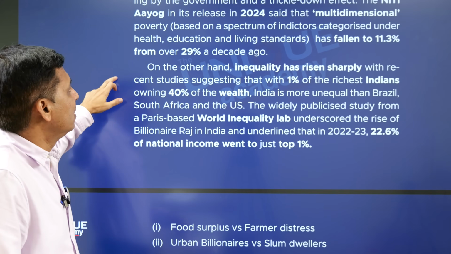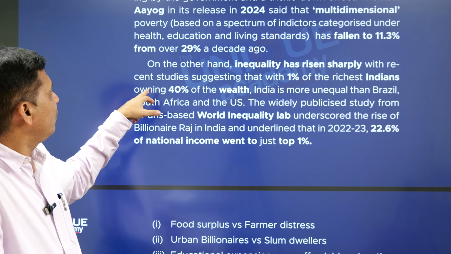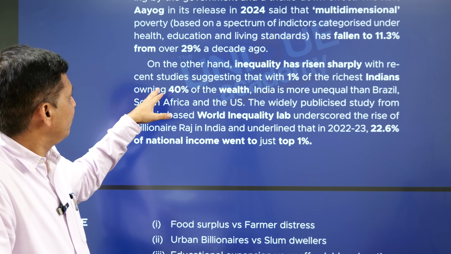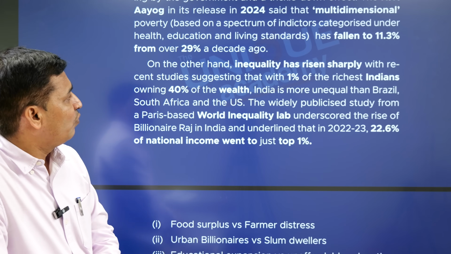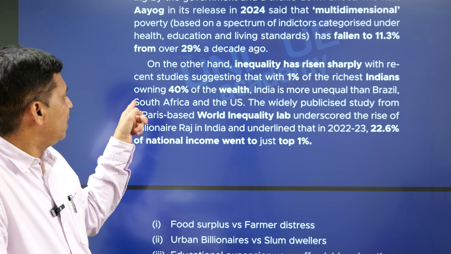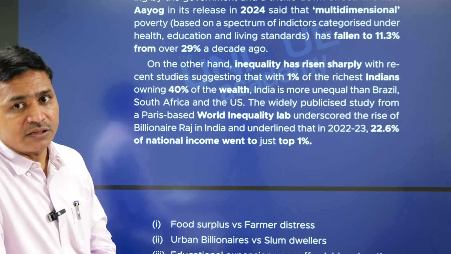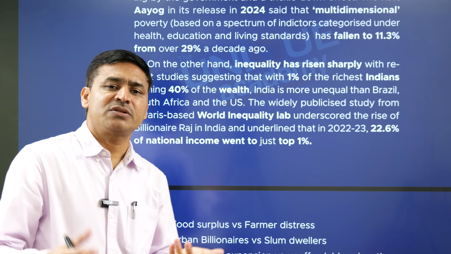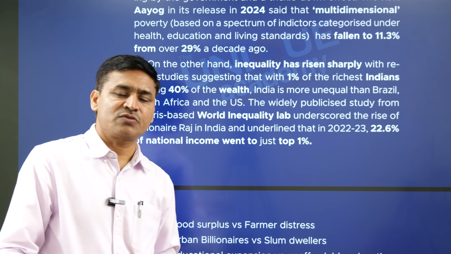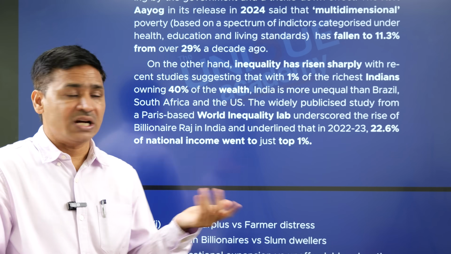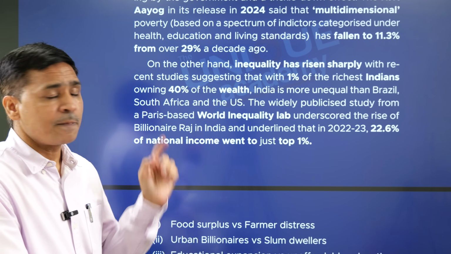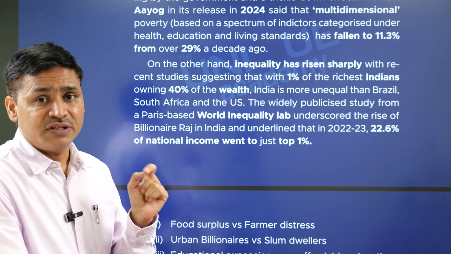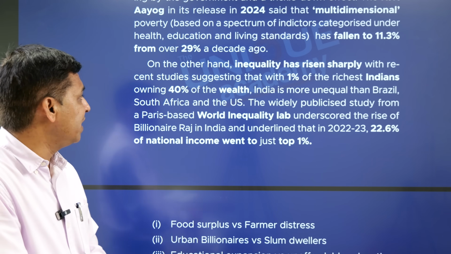On the other hand, inequality has risen sharply, with recent studies suggesting that the richest 1% of Indians own 40% of the wealth. And I'm sure you must be regularly reading the Oxfam report, and reports by so many other agencies pertaining to inequality, the extent of inequality across the world, including India.